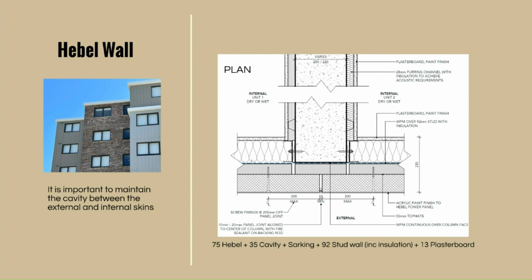It's important to note that in all external walls, we have two different skins, external and internal, right? And usually we need a cavity between these two, around 35 millimeters. In this case, after the hebel and cavity, there is a sarking and 92 millimeter stud, which includes the insulation, and 13 millimeter plasterboard on the internal side.